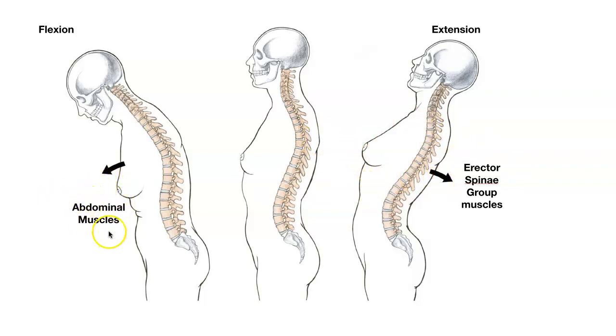Now, the abdominal muscles, external obliques, internal obliques, rectus abdominis, those are all synergists. They are all working together to give you flexion of the vertebral column. The erector spinae group, these 3 muscles are all synergists to each other to give you extension of the vertebral column.